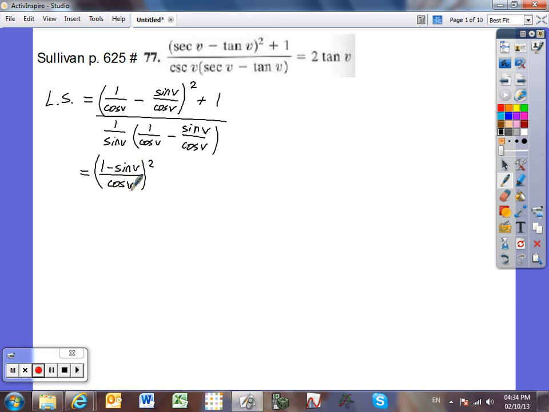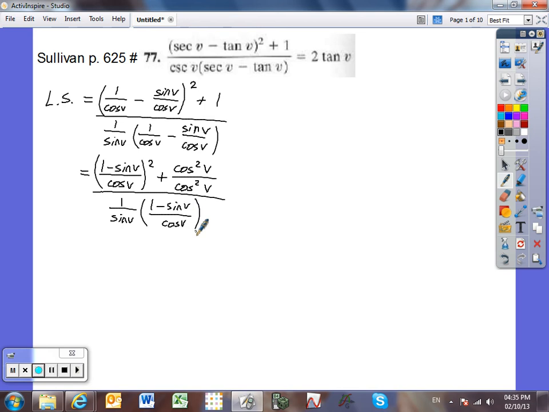Clearly, I'm going to end up getting a cosine squared in a moment in the denominator, so I'm just going to convert this right now to a cosine squared over a cosine squared to anticipate having a common denominator to add. And down here I've got my 1 over sine v multiplying a 1 minus sine v over cosine v.